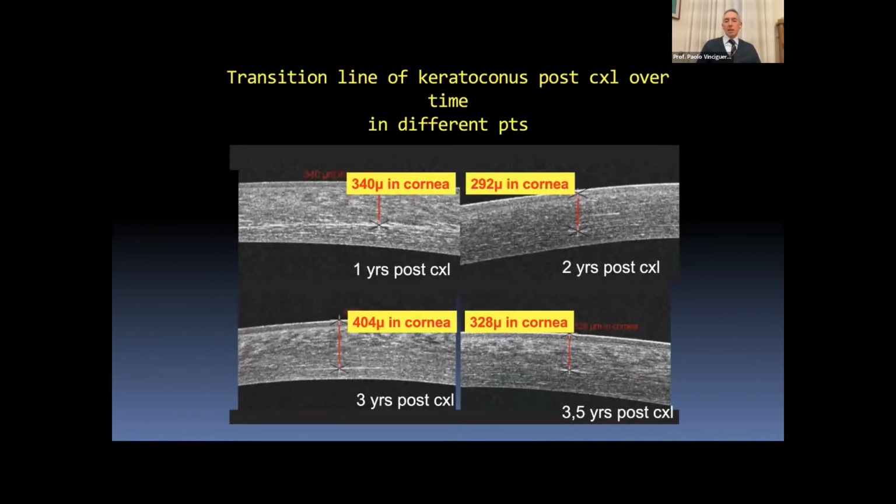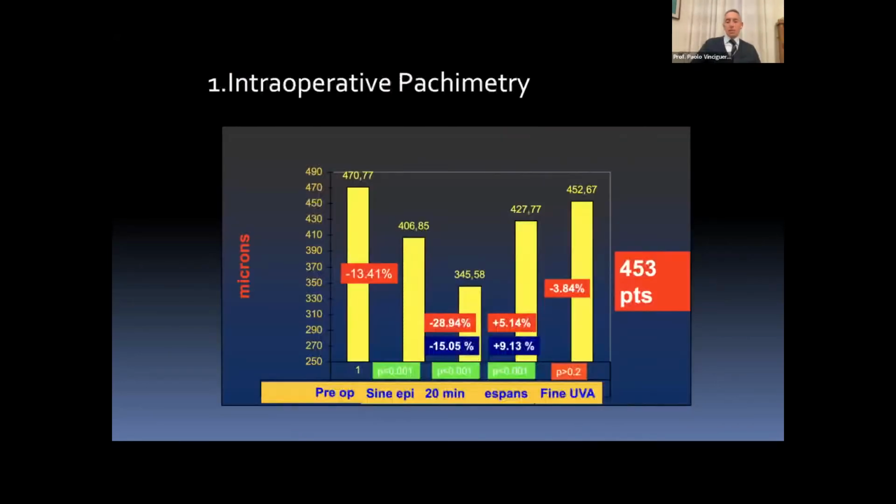Now let's see something about the demarcation line. As you can see, we can obtain different depths even for the same protocol, because at the time it was the standard Dresden protocol. So why is this so important?